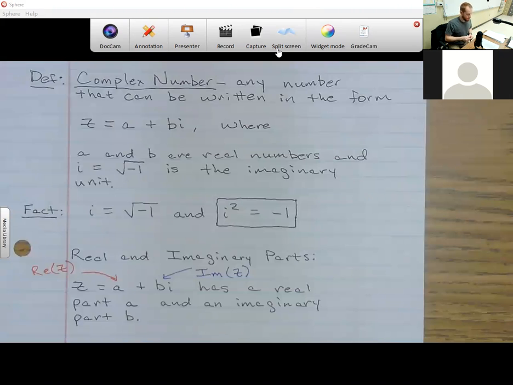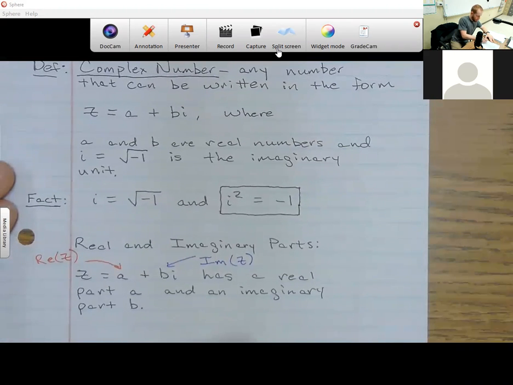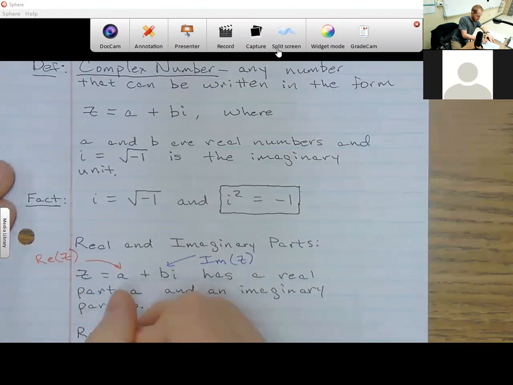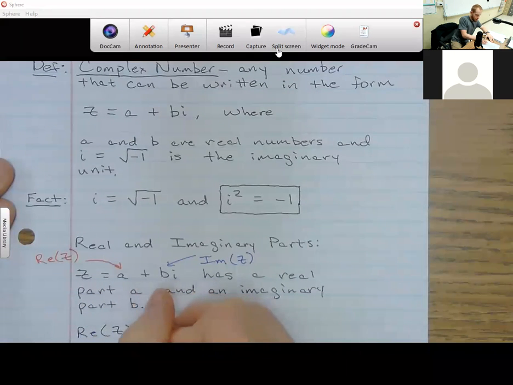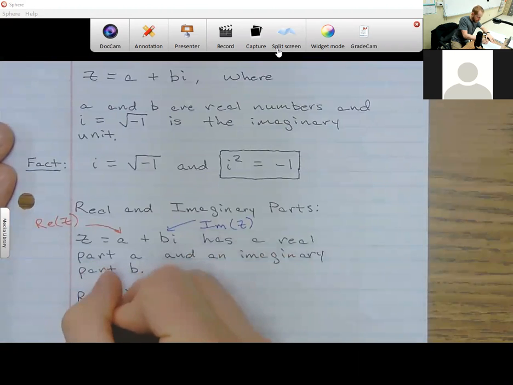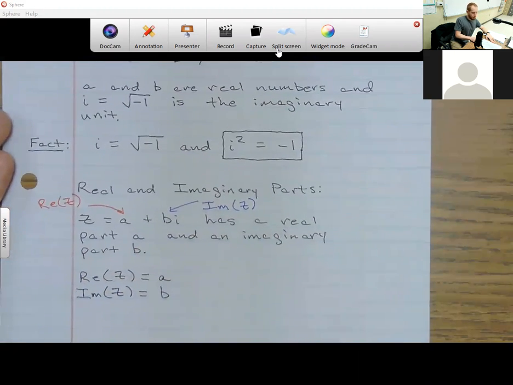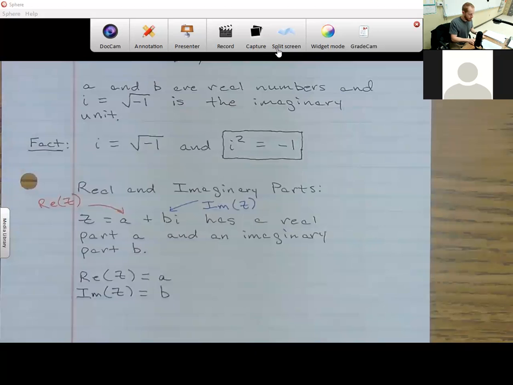Okay? So let's keep on going with this. The real part of z is equal to a, and the imaginary part I would write as Im of z is equal to b. So a is always going to be the real part, and b is always going to be the imaginary part.